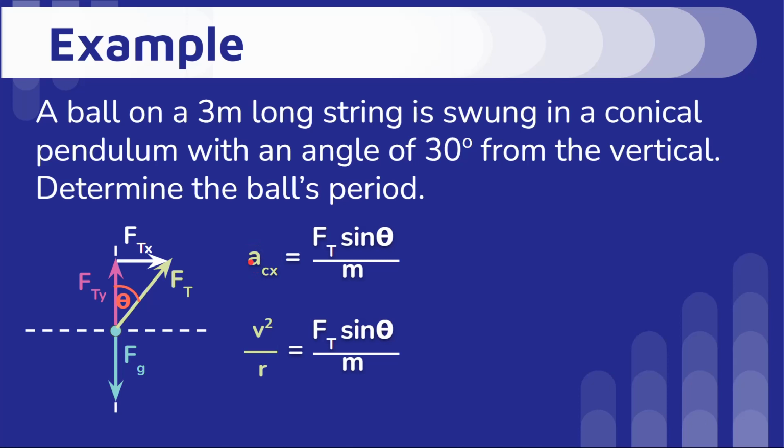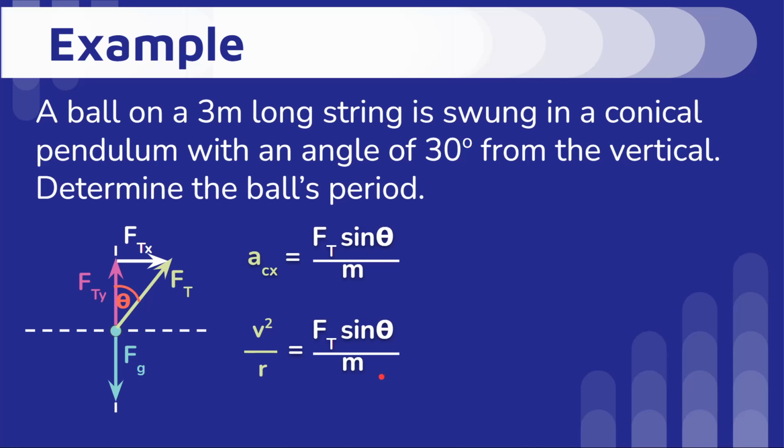So this is a little different than the way we solved the last one. I know that I have acceleration equals Ft sine theta over m, and I know, and this is the one you asked me about a minute ago, Kat, acceleration is also v squared over r. We talked about that in the warm-up. So I can set those equal to each other because they're both equal to the centripetal acceleration. So I have v squared over r equals Ft sine theta over m.